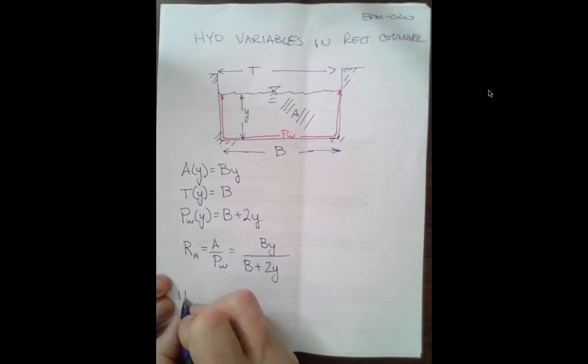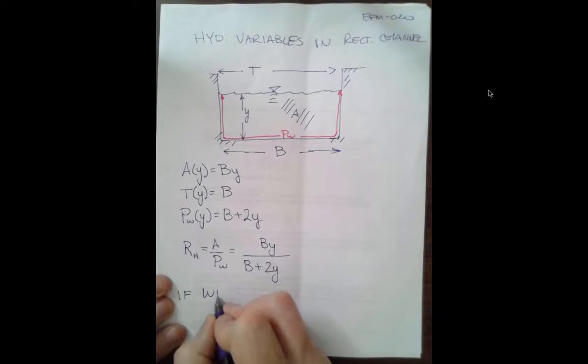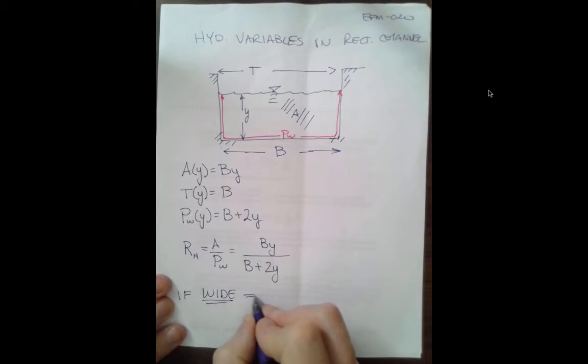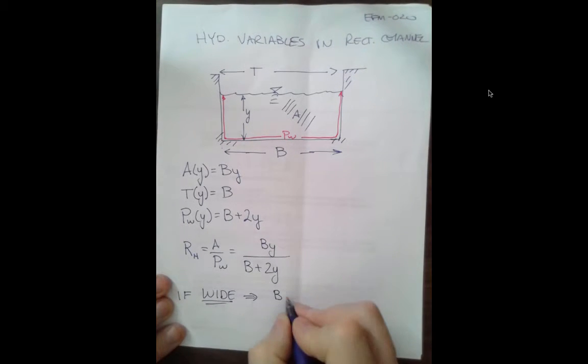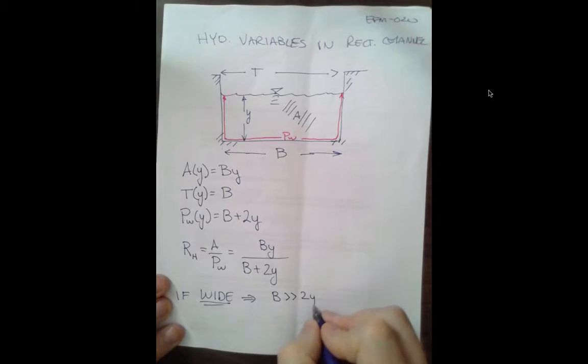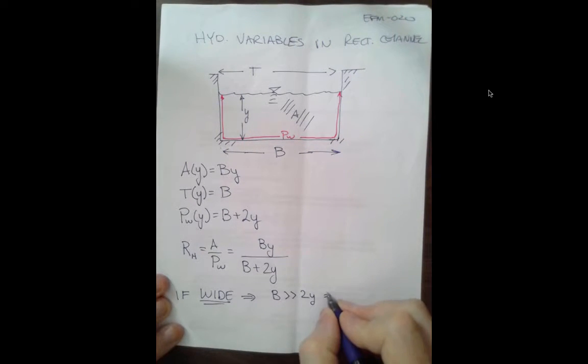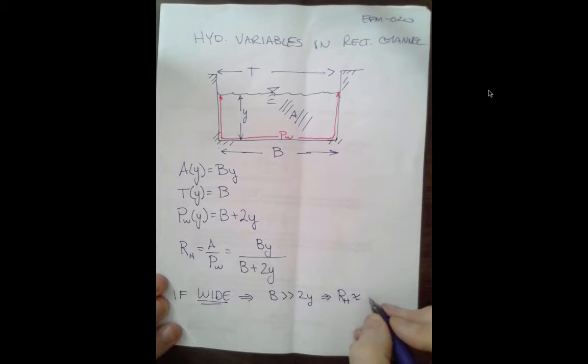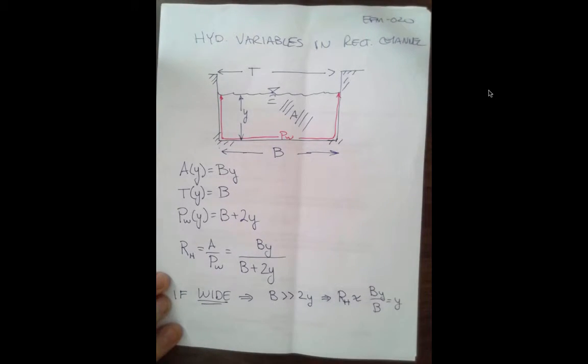Now, if the channel is wide, that would imply that b is going to be quite a bit bigger than 2y, and that would imply that the hydraulic radius is well approximated by by over b, which is just simply y.